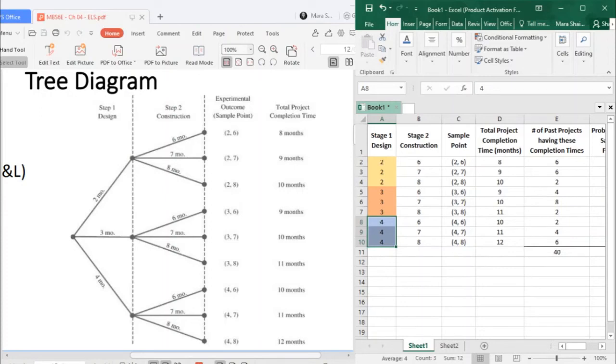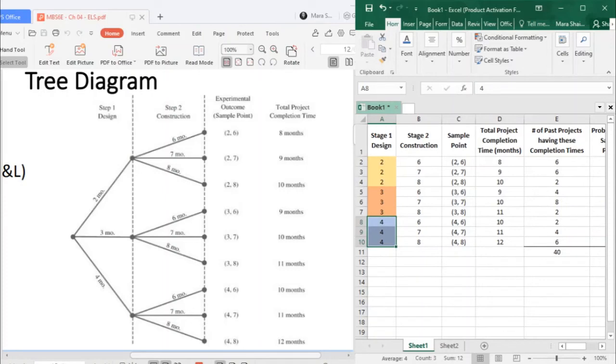So, step 1 can take 2 months, and step 2 can take 6 months. Meaning your experimental outcome or sample point is 2, 6, which you translate to a total completion time of 8 months: 2 months from stage 1, and 6 months spent on stage 2.